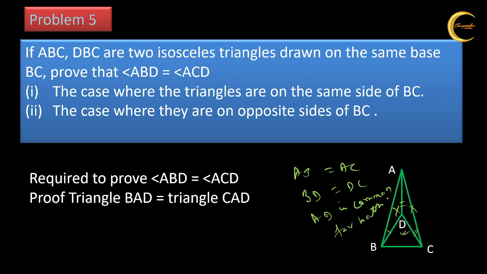So now you can say these two triangles are equal in all respect. In all respect, so this is very important. If they are equal in all respect, it means all three sides and three angles are equal to the corresponding three sides and three angles of the other triangle. So we can easily say this angle ABD equals this angle ACD. Okay.